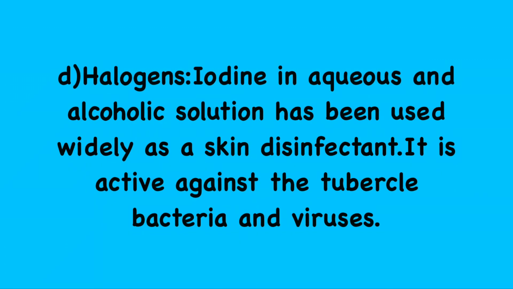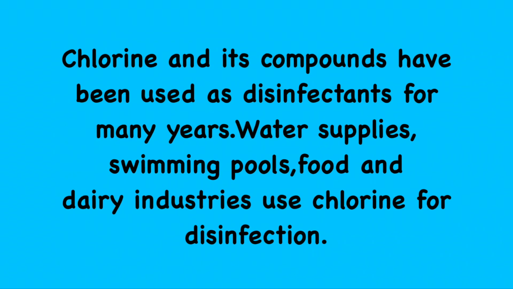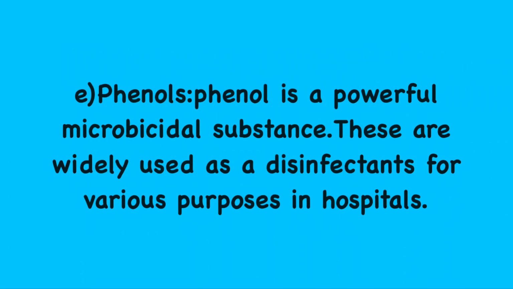D. Halogens. Iodine in aqueous and alcoholic solution has been used widely as a skin disinfectant. It is active against the tubercle bacteria and viruses. Chlorine and its compounds have been used as disinfectants for many years. Water supplies, swimming pools, food and dairy industries use chlorine for disinfection. E. Phenols. Phenol is a powerful microbicidal substance.